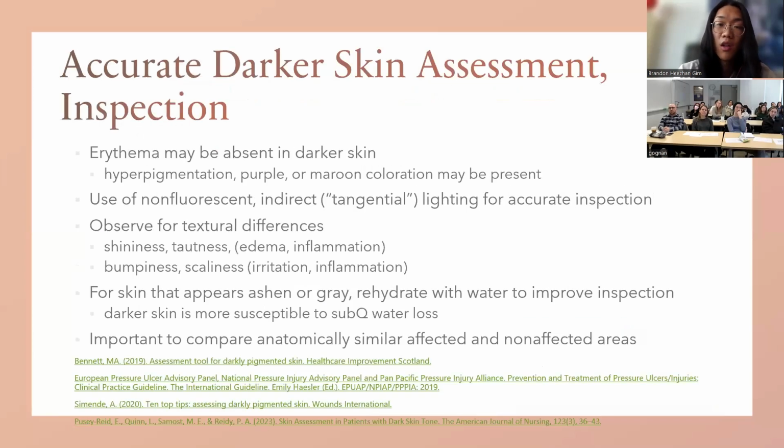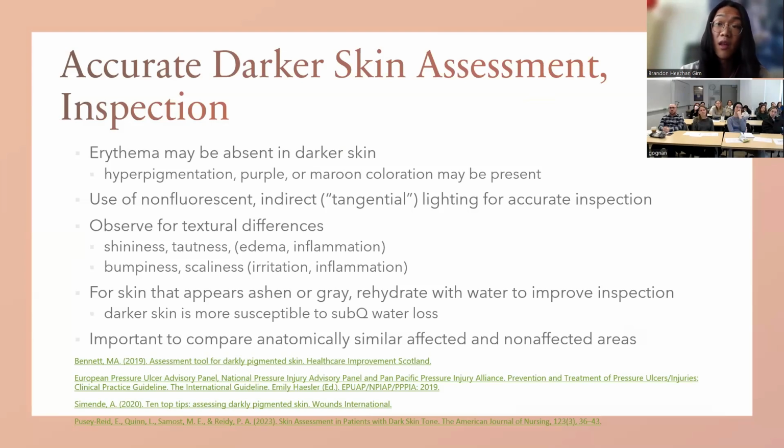Okay, so let's talk about actually assessing the skin. As we mentioned, redness may be absent. Instead, we can see hyperpigmentation, purple or maroon discoloration. When we assess folks with darker skin, we want to use non-fluorescent indirect lighting for accurate inspection.